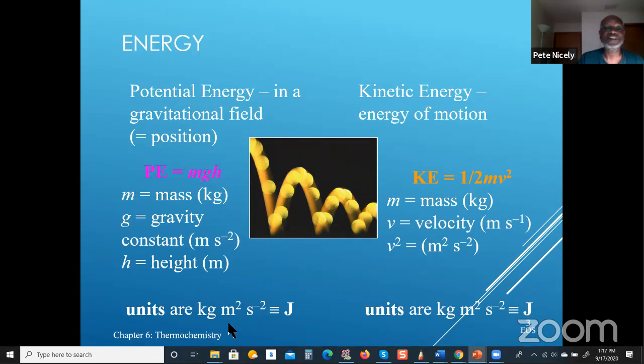I think I mentioned this earlier when we were talking about the relationship between root mean squared speed and molar mass and so on. So this is a joule unit. The joule unit is the same thing as kilograms meters squared per second squared.